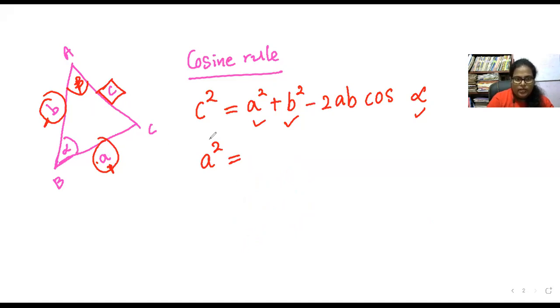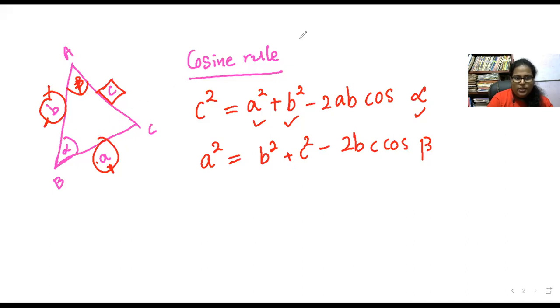So a square equals, and the two adjacent sides for this angle beta are b and c. So you can write b square plus c square minus 2bc cos beta. That's the way we write the cosine formula for this beta angle.